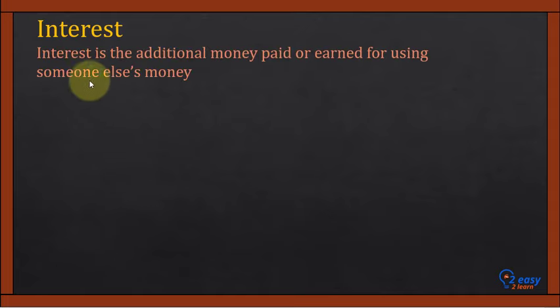Interest. First, we should understand what is interest. Interest is the additional money paid or earned for using someone else's money. For example, you deposit some amount in a bank, or you get a loan from a bank.